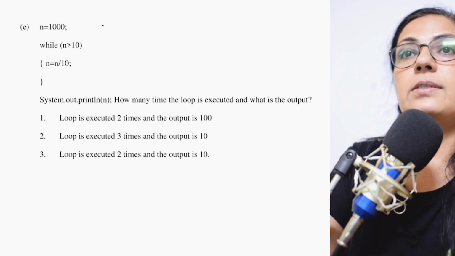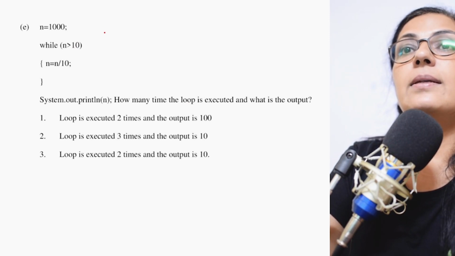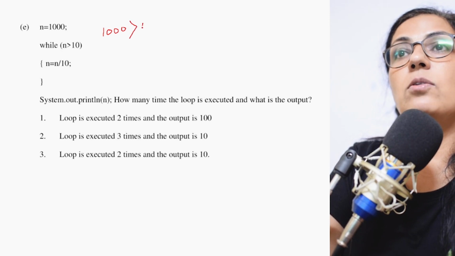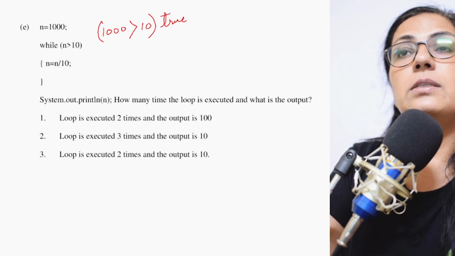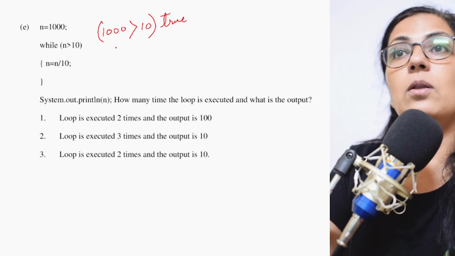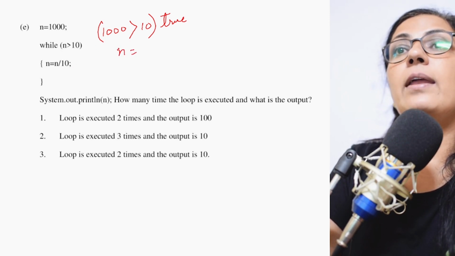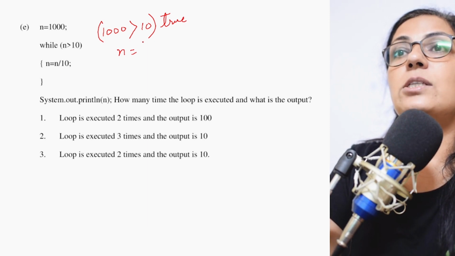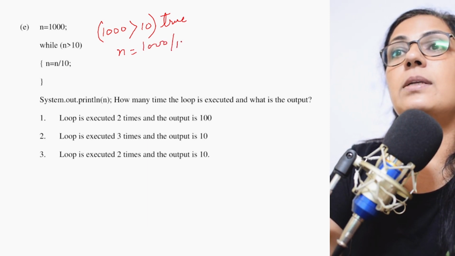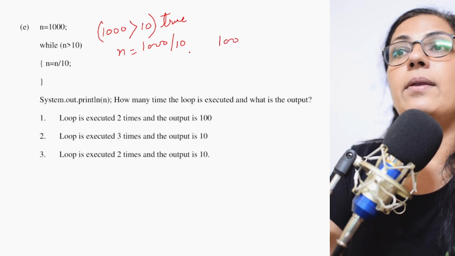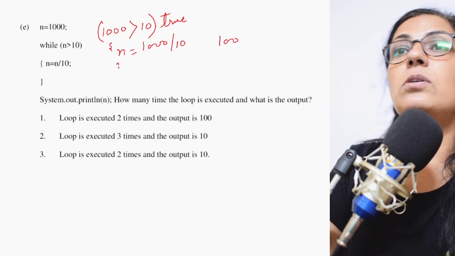Now here first, while n is greater than 10, the value of n is 1000, which is greater than 10. Yes, it is true. So it goes into the loop and the value of n will be n slash 10. That means 1000 slash 10. So what will be the value here? It will be 100. The loop is closed.